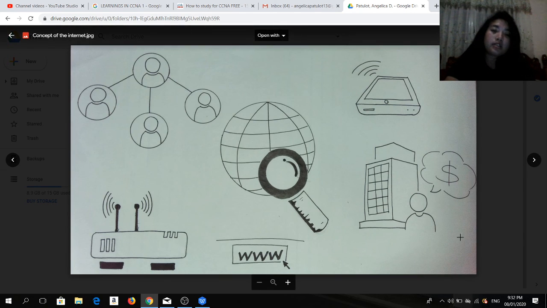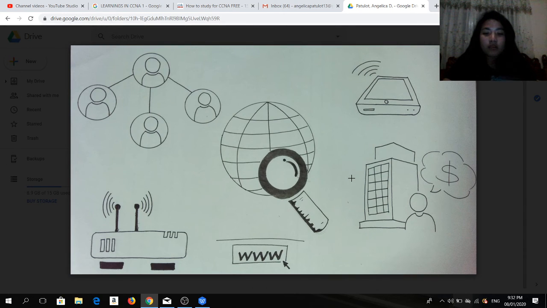So the next illustration to my concept of the internet is that the internet can also be used in businesses in making money. Broadband and high-band internet are somewhat murky terms that not everyone defines equally.